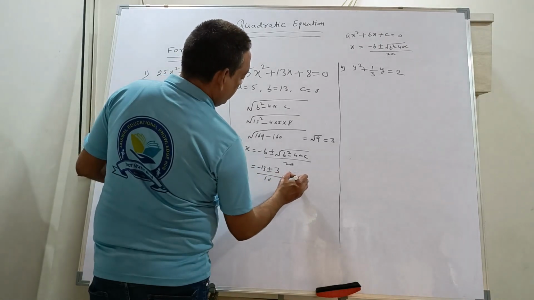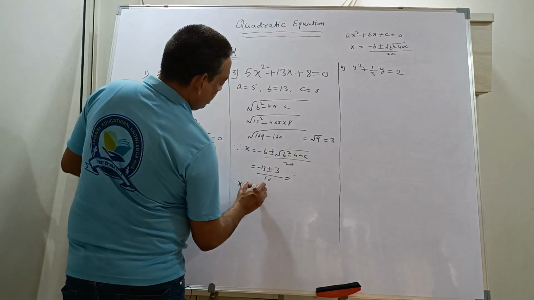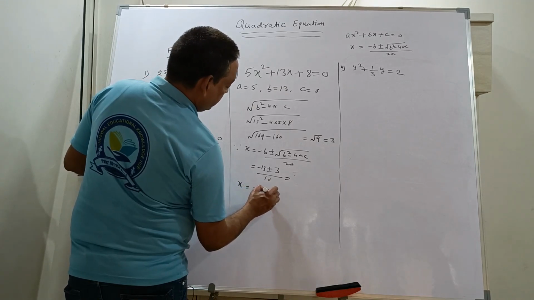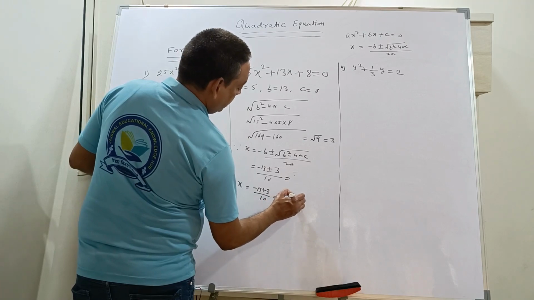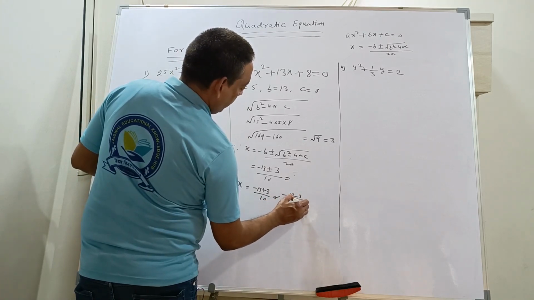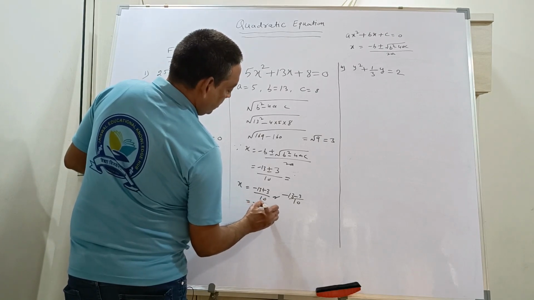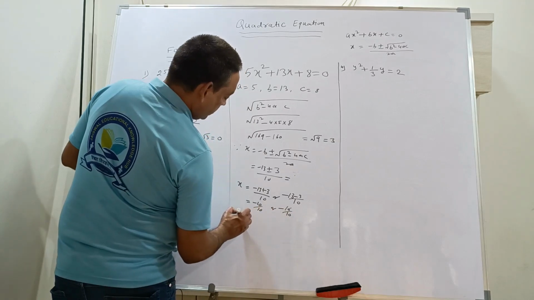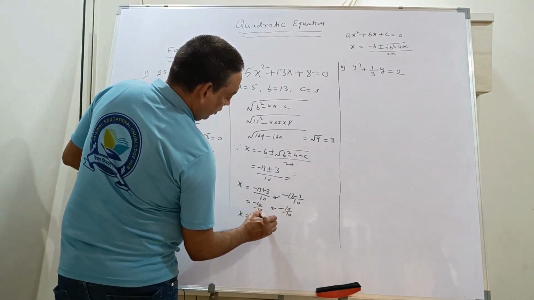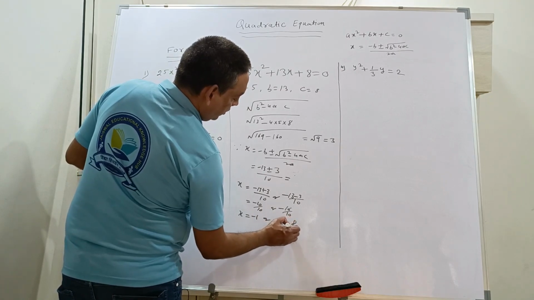So directly, x is equal to minus 13 plus 3 upon 10, or minus 13 minus 3 upon 10, which is minus 10 upon 10, or minus 16 upon 10. So x is equal to minus 1, or x is equal to minus 8 upon 5.